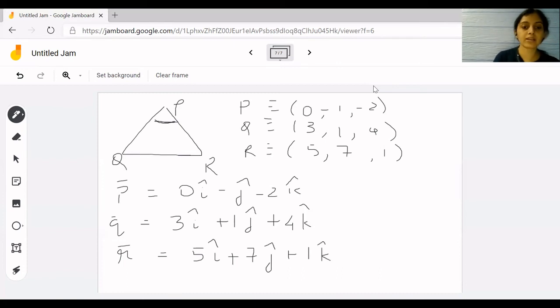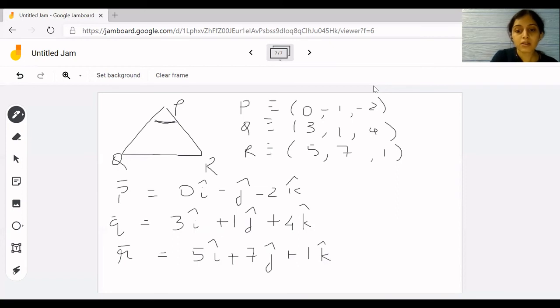Now when I have to find angle P, then I require PQ and PR. That means I require distance PQ and distance PR, their magnitudes, and their vectors, and then I can take their dot product.